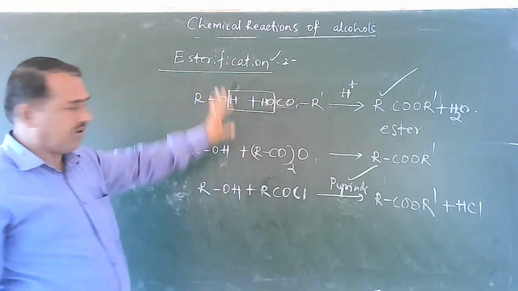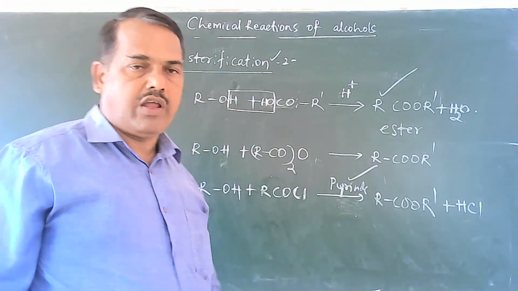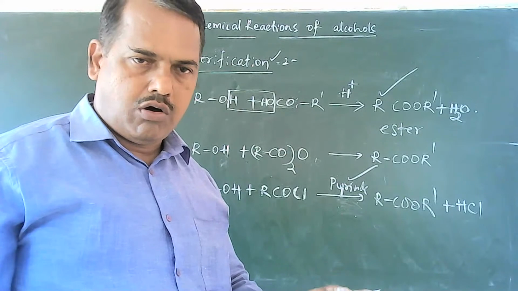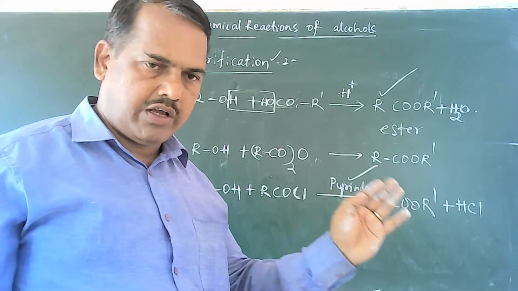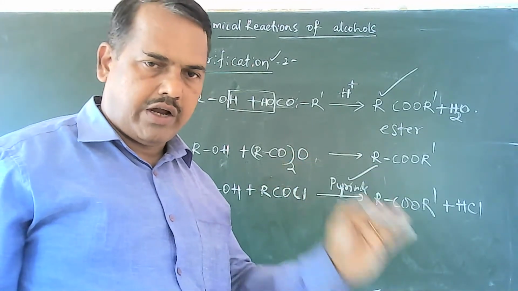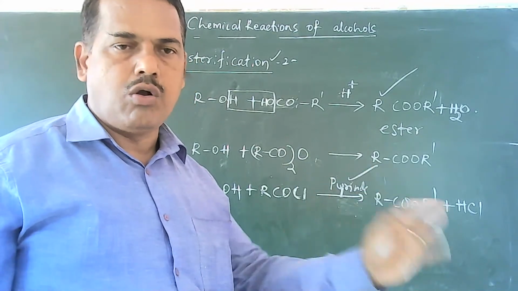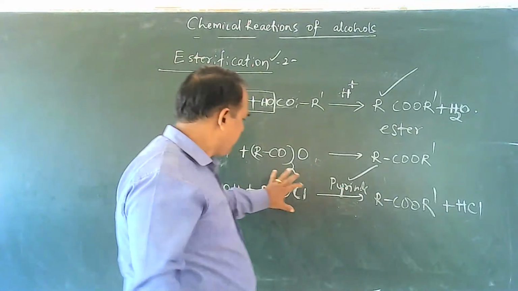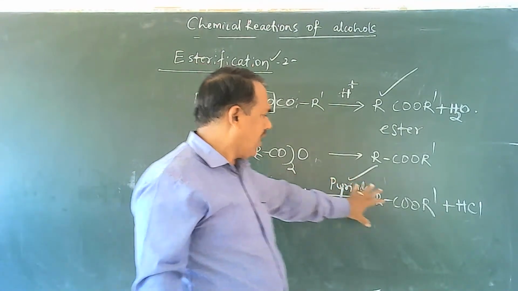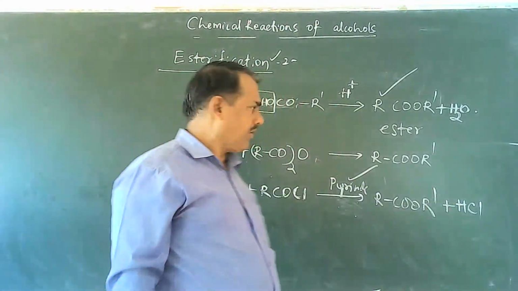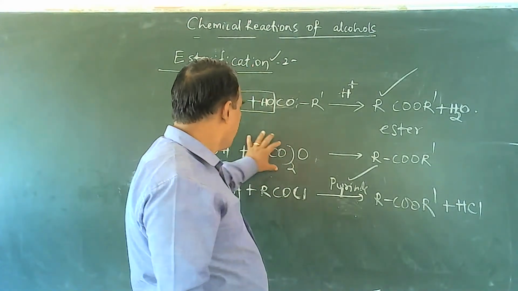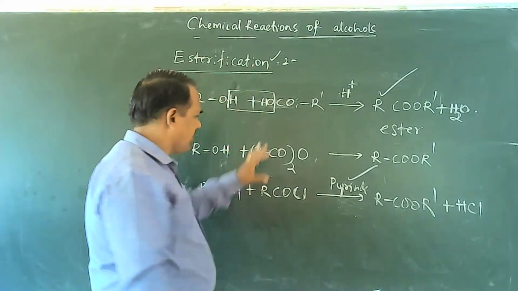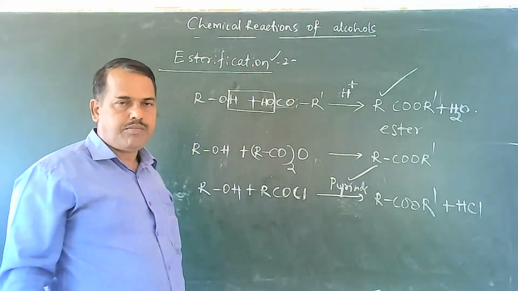All three types of reactions are called esterification reactions, when alcohol reacts with carboxylic acid, acid anhydride, and acid chloride. Are you clear? So we will get ROH plus RCOCl giving RCOOR' and HCl. Again ROH plus (RCO)2O giving RCOOR', which is nothing but an ester.